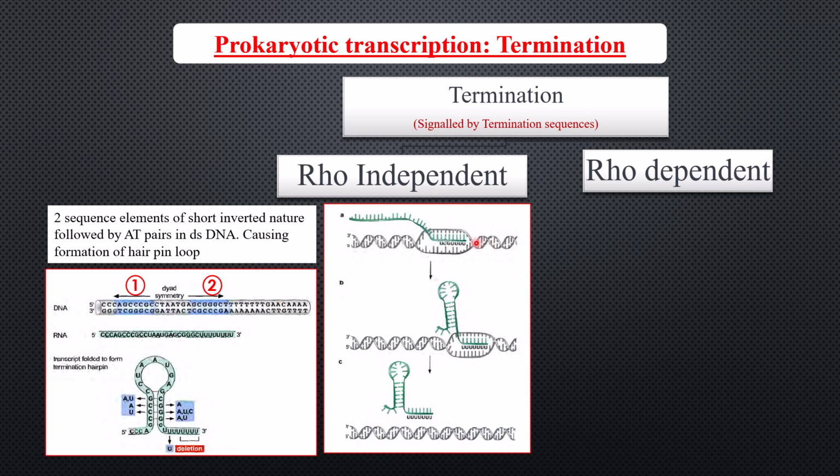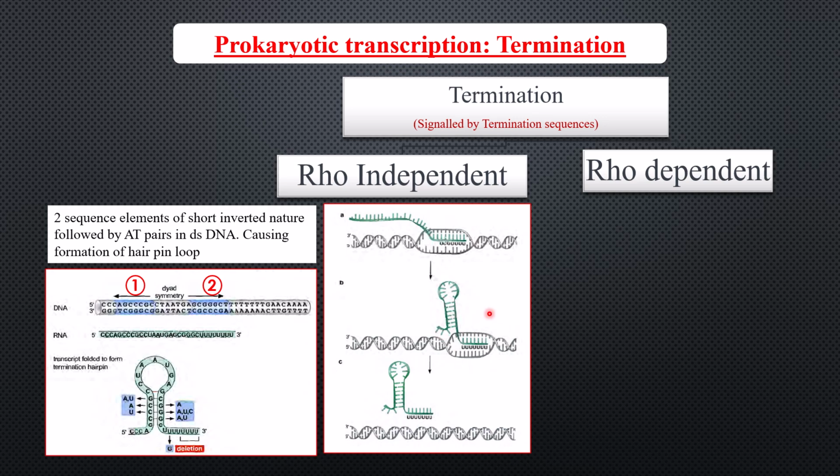The RNA transcript keeps on being produced, and once it identifies these, it produces this sequence, forming a hairpin loop or hairpin like structure. So this U region will be of weak strength.